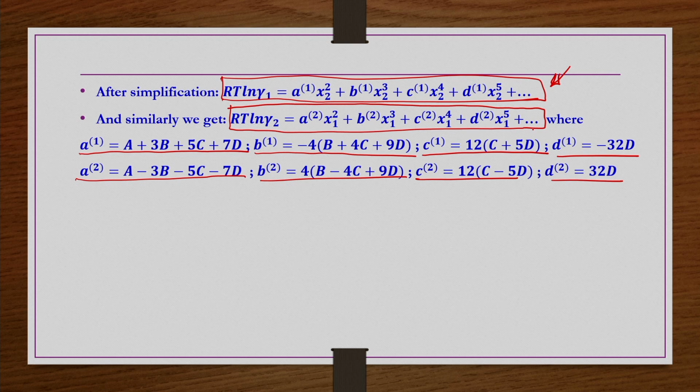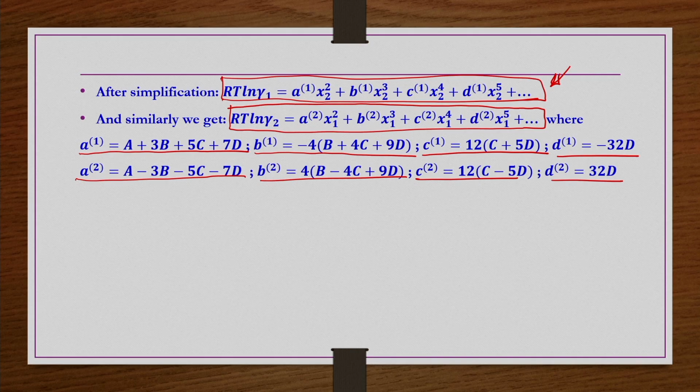We are writing in this particular form because we know this RT ln gamma 1 would be having some constant times x2 square plus some constant times x2 cube, those kinds of terms.